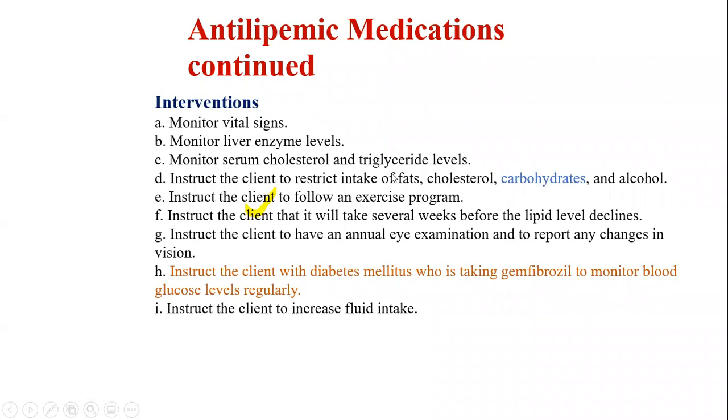Fat and cholesterol are sources of triglyceride and LDL. But why carbohydrate? If I take too much carbohydrate and do not exercise, with a sedentary lifestyle, the excess carbohydrate is converted to fat. So it is also important to restrict carbohydrate.